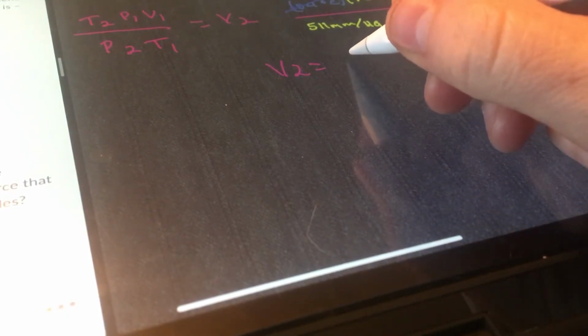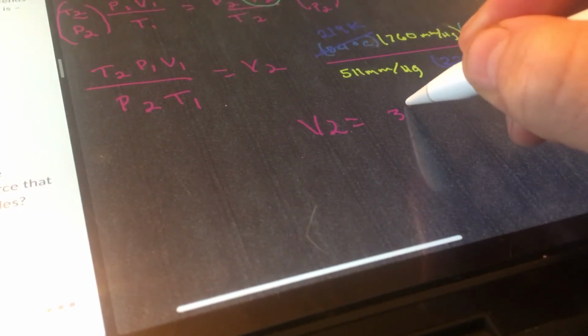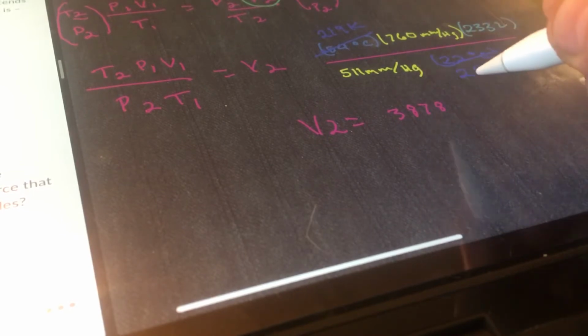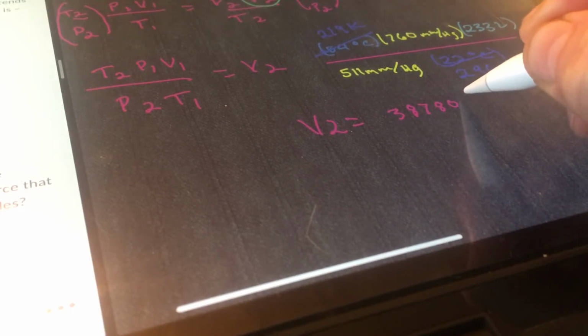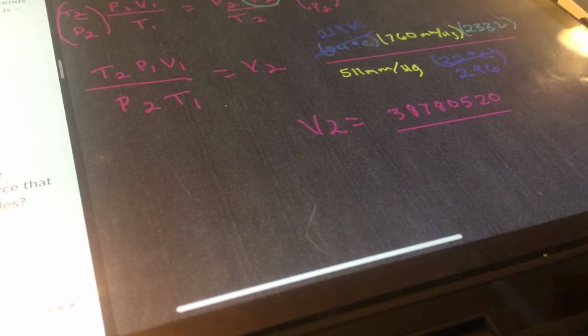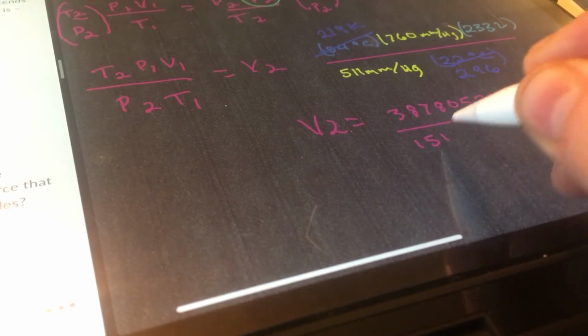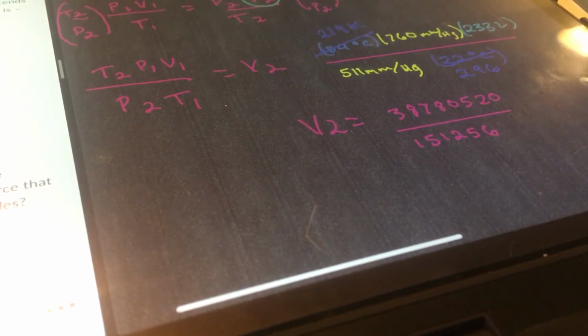Got a big old ugly number: 38780520 over 511 times 296. Now we divide.